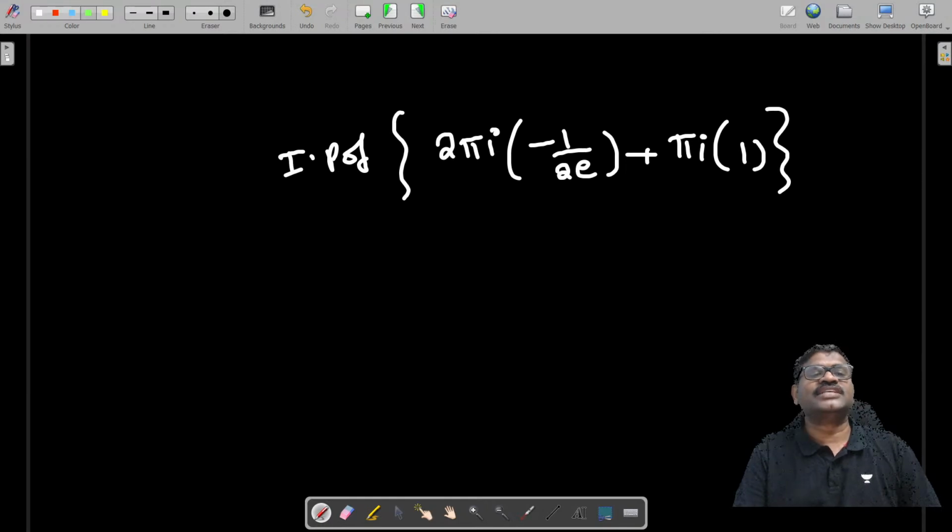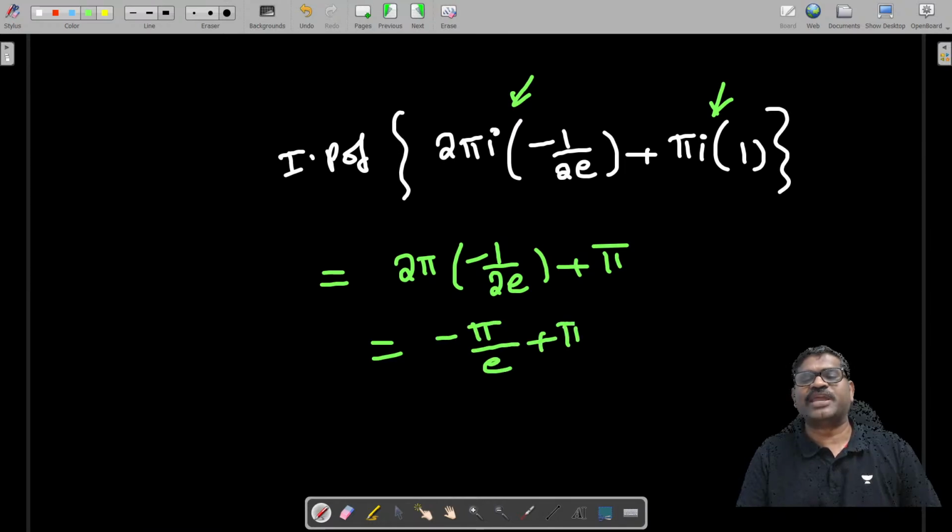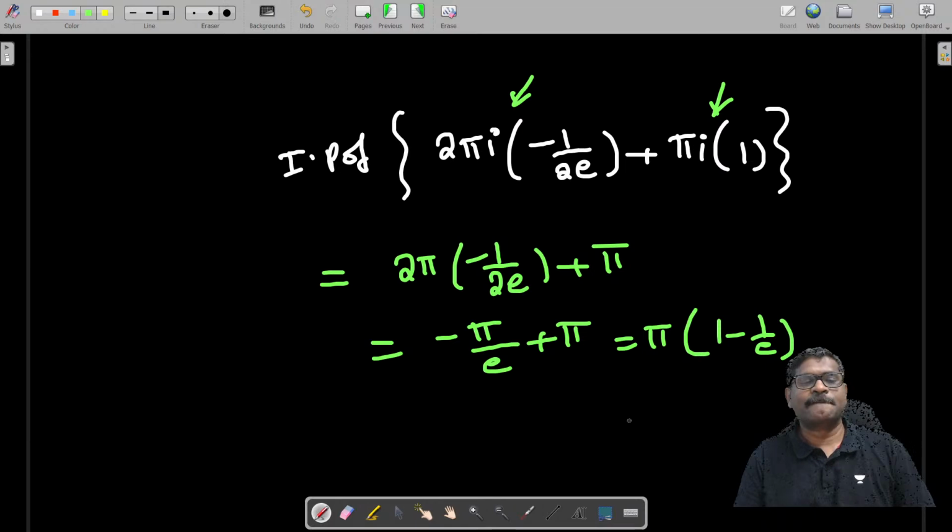Sir, this is an imaginary term, this is also an imaginary term. Therefore, the answer is 2 pi into minus 1 by 2e plus pi. The 2 cancels: minus pi by e plus pi, that is pi of (1 minus 1 by e).